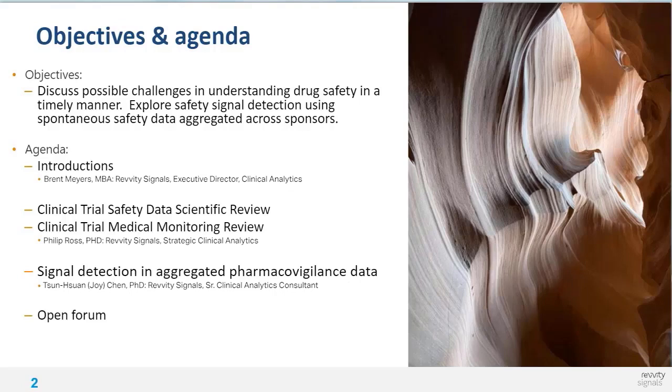Then we transition to later stage safety data, broader, larger public data sets, and look at signal detection and how that can be adapted to your specific questions. Joy will talk us through that, and I'll also have a demo for that. And then we'll open up for the Q&A.